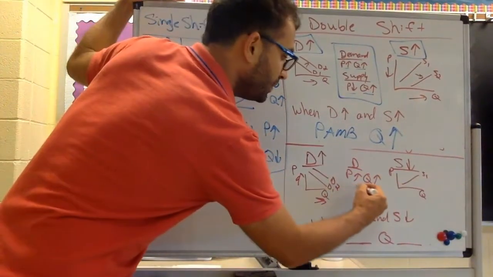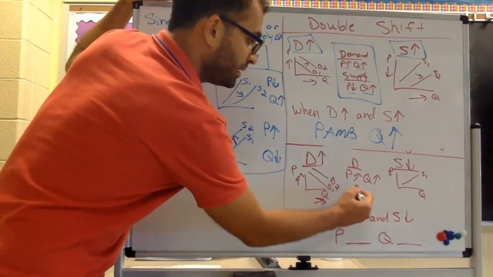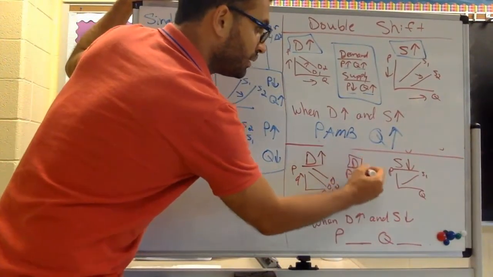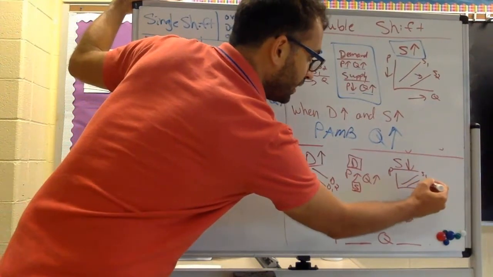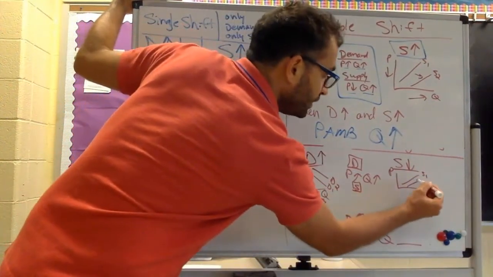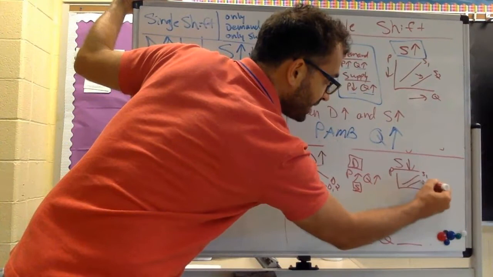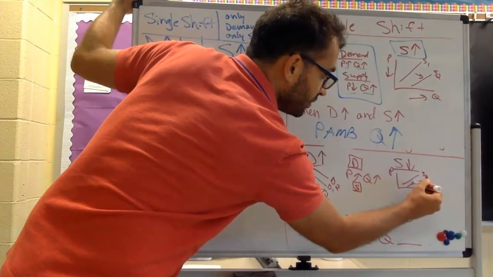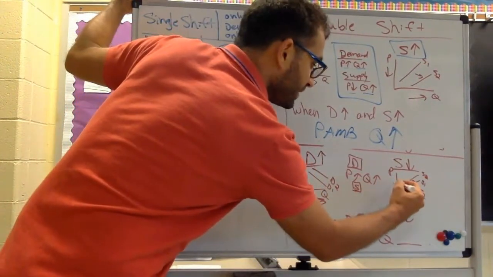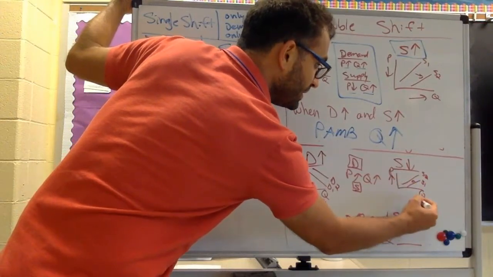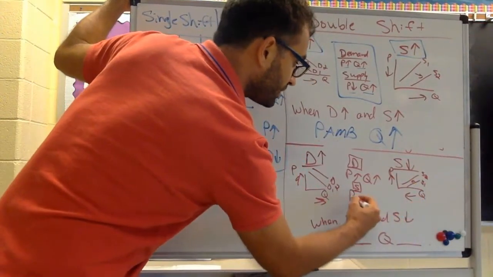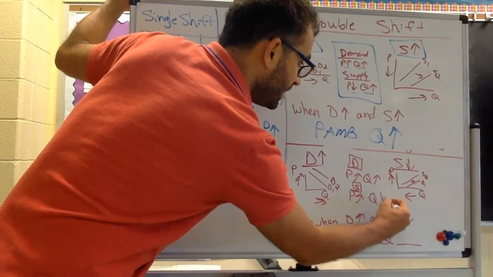But what about the supply side? Getting a little tight down here. On the supply side, supply decreases, so it shifts to the left. I'll make this S1 and S2. So price is going to go up and quantity is going to go down.